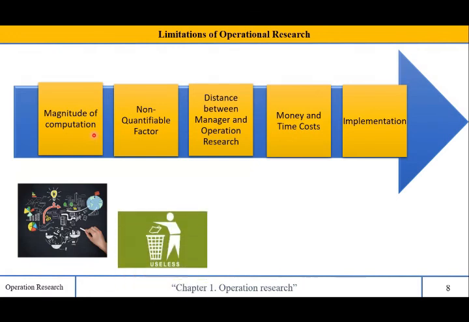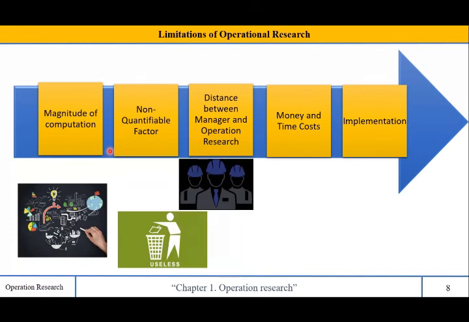The second one is non-quantifiable factors. Sometimes there are some factors which are completely useless, we don't have to consider them, but at the time of calculation we consider them. Okay, so it brings in some non-quantifiable factors. Then distance between manager and operational research. Sometimes whatever outcome has been provided by this study does not mean it is going to be a perfect idea for the manager or workers over there.